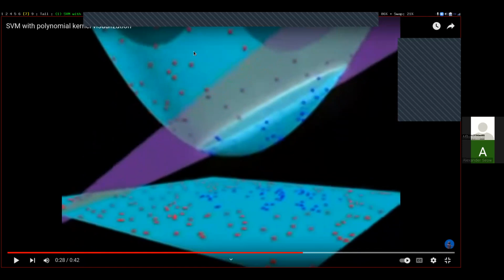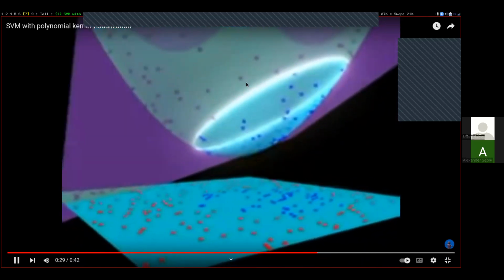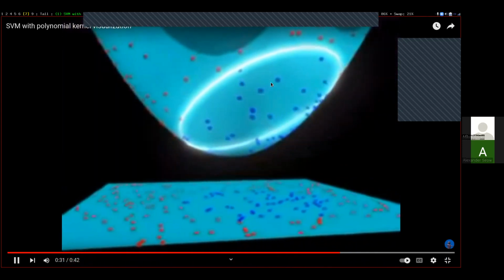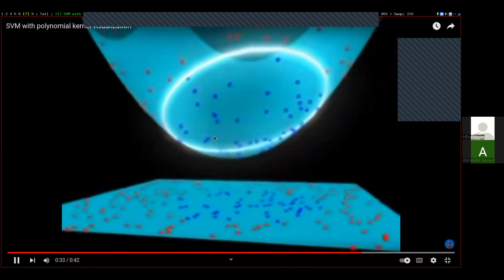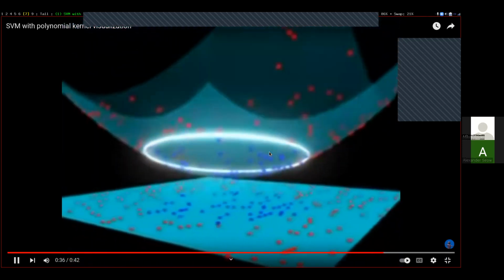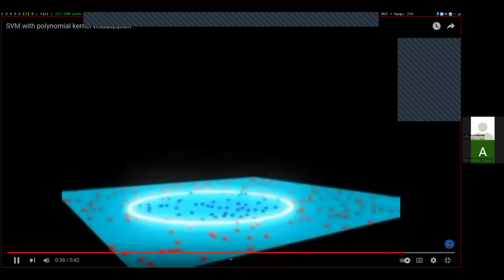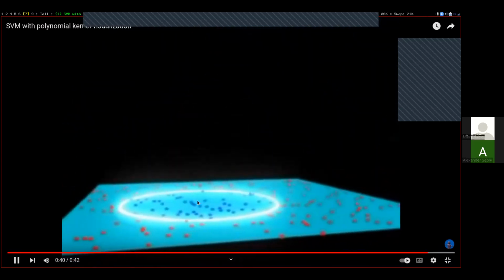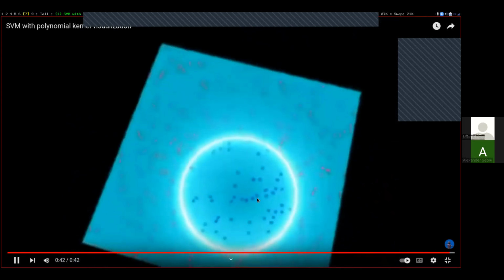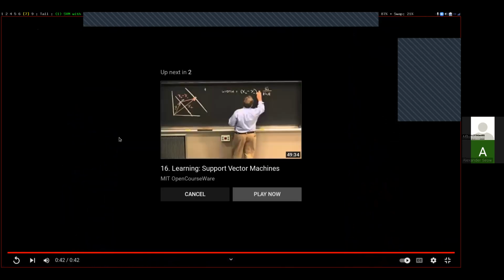And now in this lifted up kind of manifoldish thing up above, all the blue things are below this purple hyperplane, and all the red things are above this hyperplane. By slicing it like that, we get this linear separator. And now they're projecting it back onto the two-dimensional original data space down here, and we get that circle.